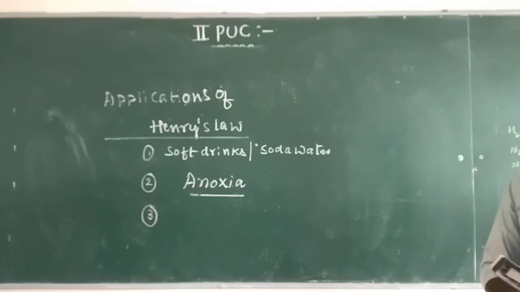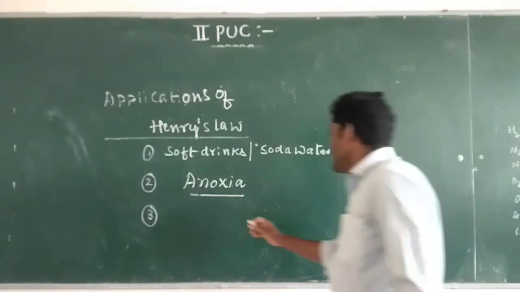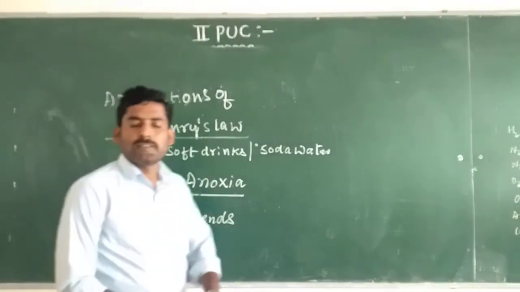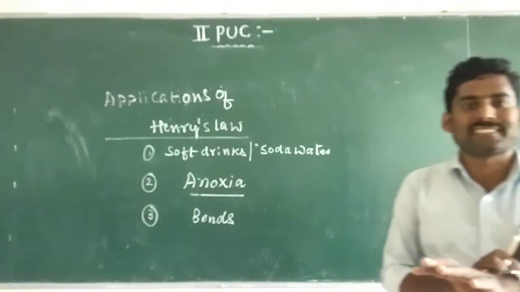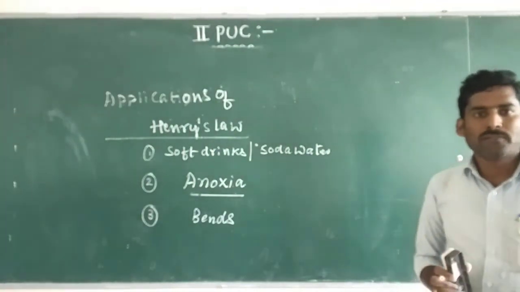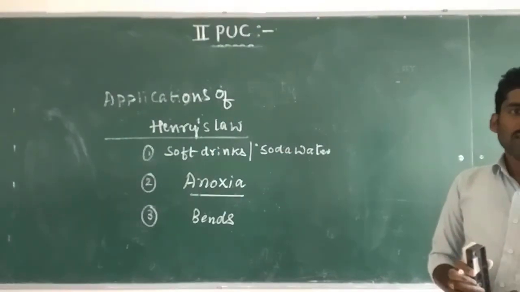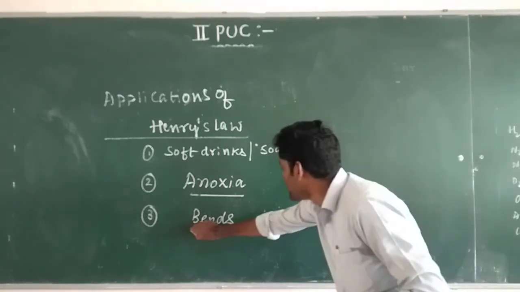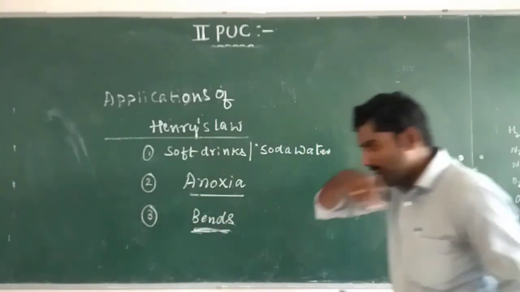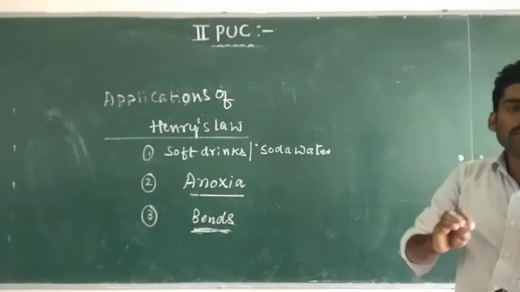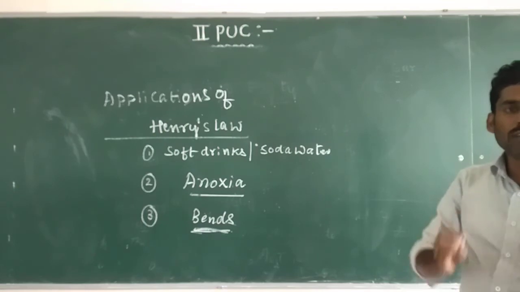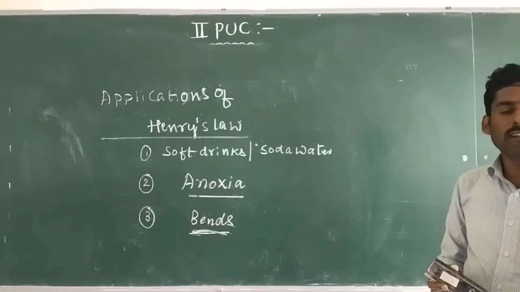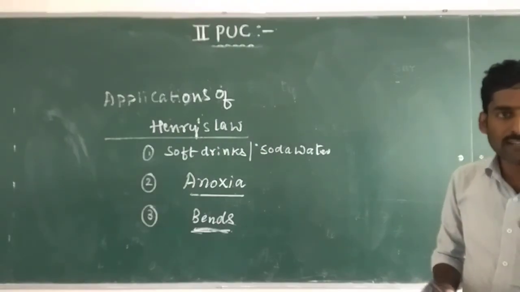As a result, bends are formed on the surface of the skin, which are very painful. So that condition is called bends. That is in the deep sea. Pressure is very high, so more and more nitrogen and oxygen is dissolved in the blood and blood vessels of sea divers.